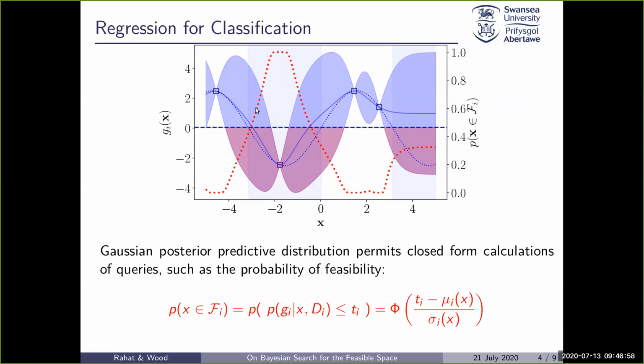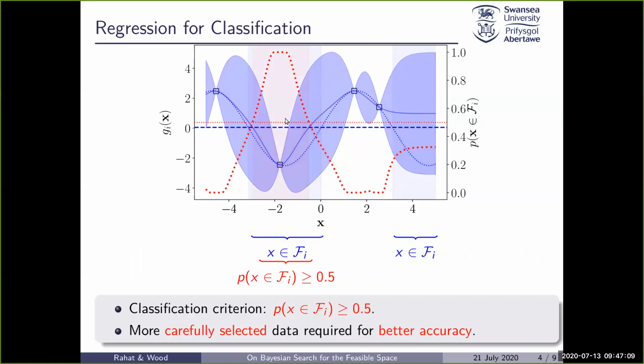And it's shown in red here. So with this probability of feasibility calculation, we can immediately tell where the feasible space is given these predictions. All we have to do is say, okay, when the probability of feasibility is greater than 0.5, that means the probability of feasibility is greater than the probability of infeasibility, we are in the feasible space. And this feasible space is shown in light red here.